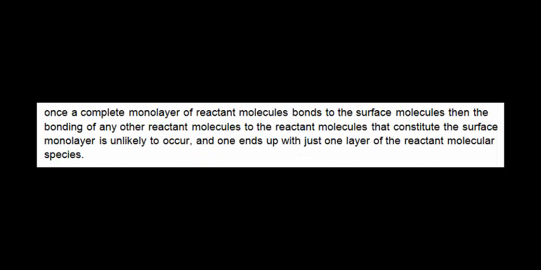What is meant by self-limiting is that once a complete monolayer of reactant molecules bonds to the surface molecules, then the bonding of any other reactant molecules to the reactant molecules that constitute the surface monolayer is unlikely to occur, and one ends up with just one layer of the reactant molecular species.